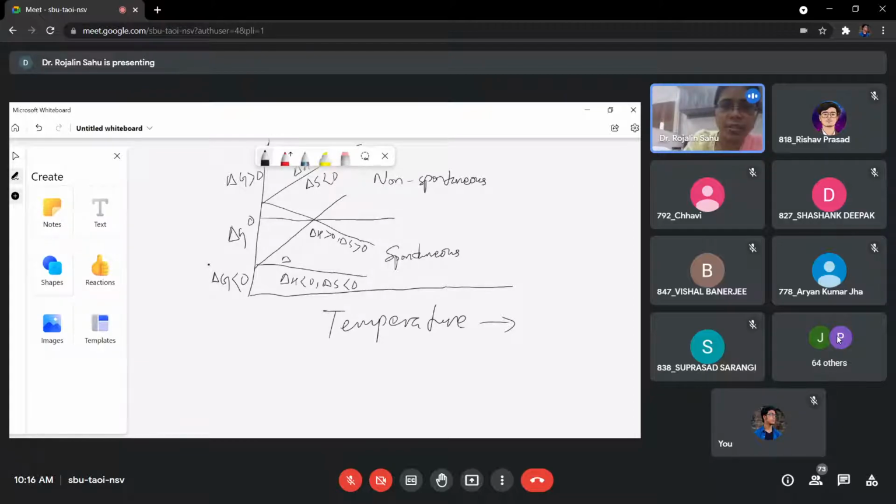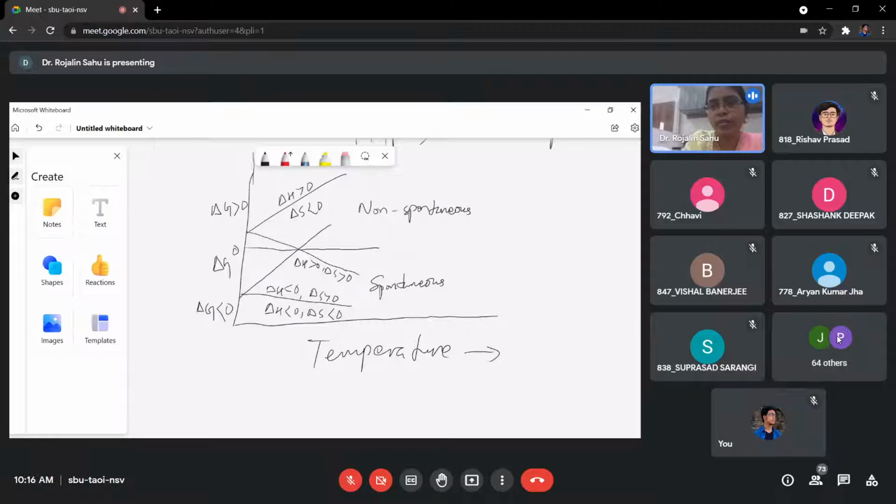If del H is less than 0 and del S is greater than 0... Okay? Because you know del G is equal to del H minus T del S, so del H and del S values will be such that del G is less than 0. Then it will be spontaneous. If it is greater than 0, then it is non-spontaneous.